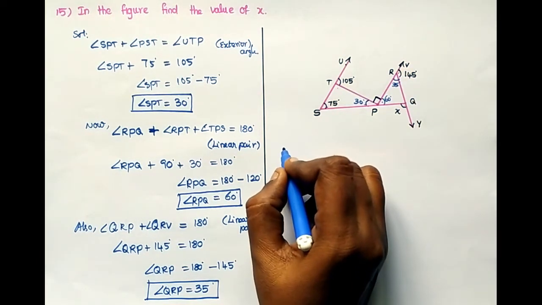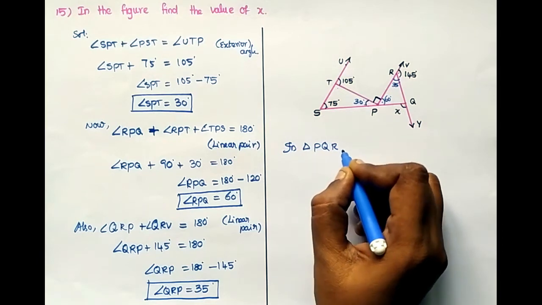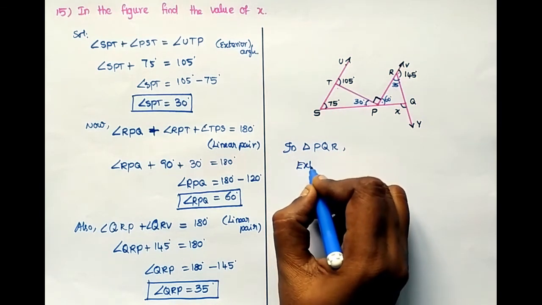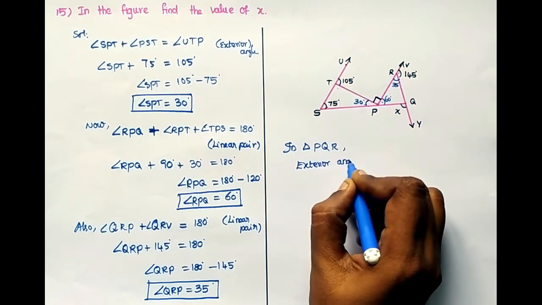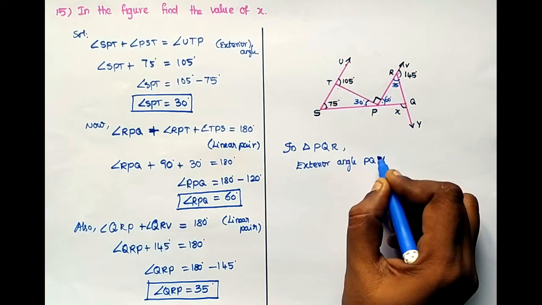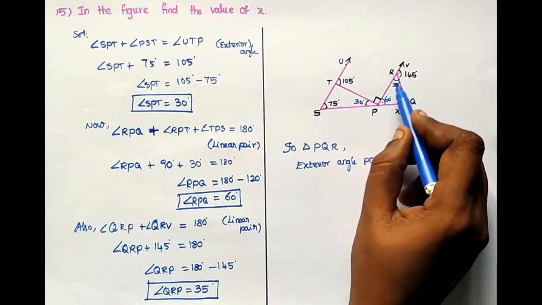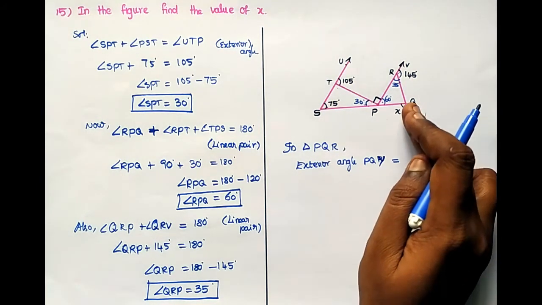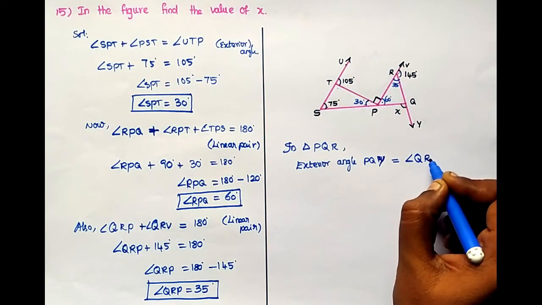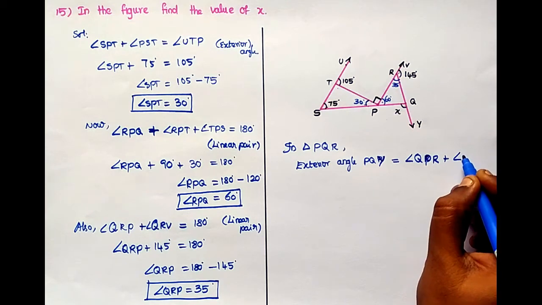So in triangle PQR, exterior angle PQY equal to sum of these two angles, angle QPR plus PRQ.